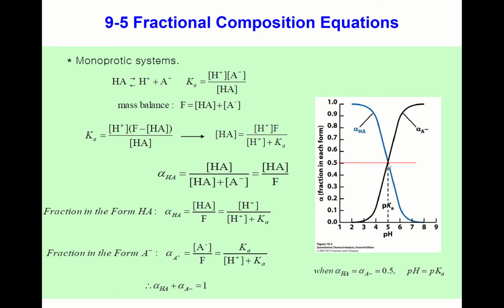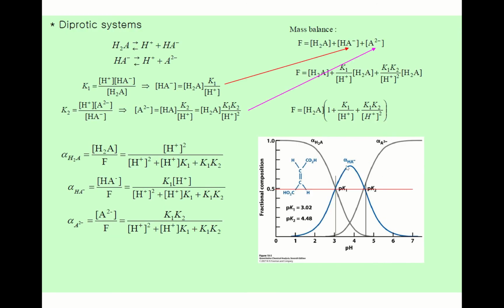For this diprotic system, we have two of them. Here we have two crossing points. The first one is where pH equals pK1, and at this point pH equals pK2. Very nice. So everything is quite systematic.